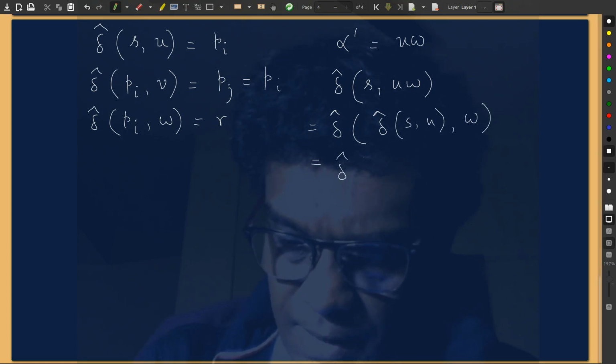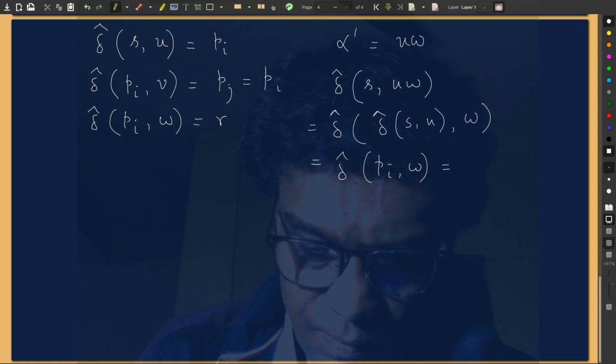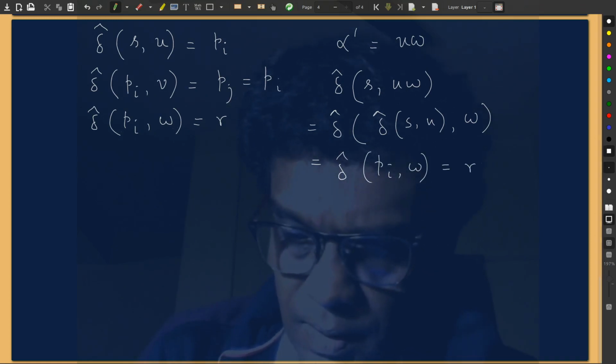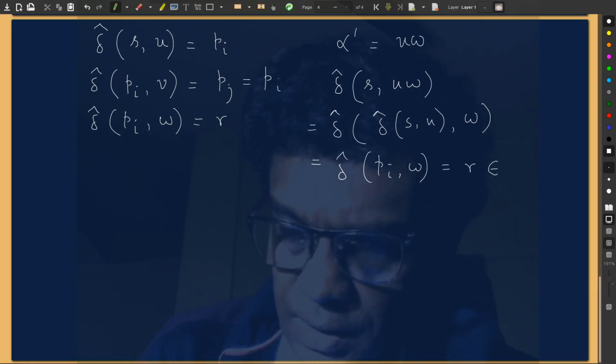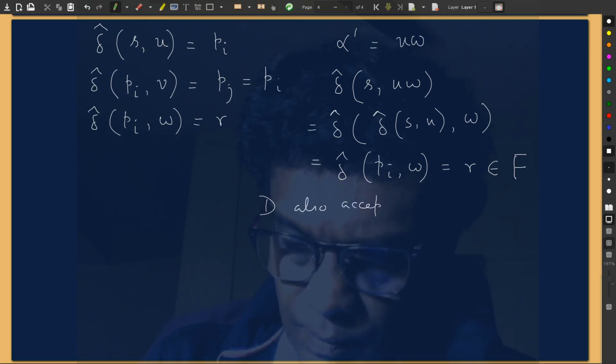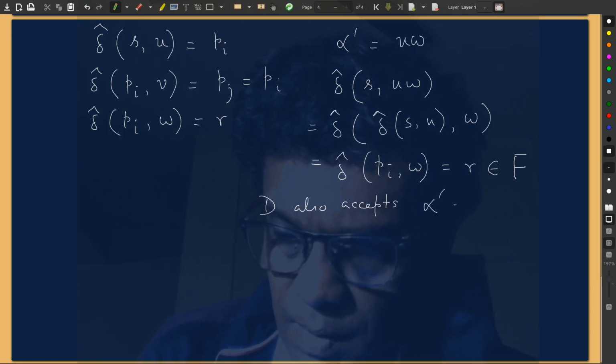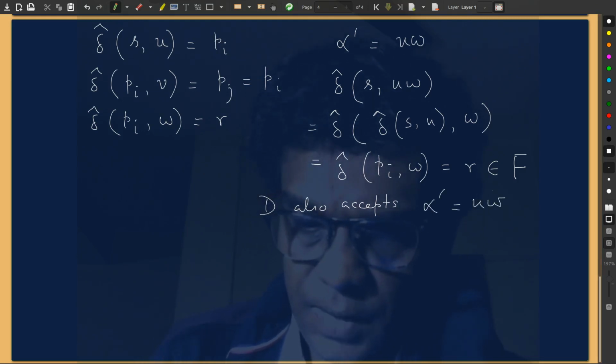So delta hat of PI W, which is this one R. So this is once again in the final state. So D also accepts this string alpha prime, which is UW, the V missing. Okay.